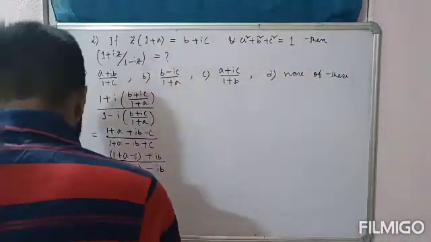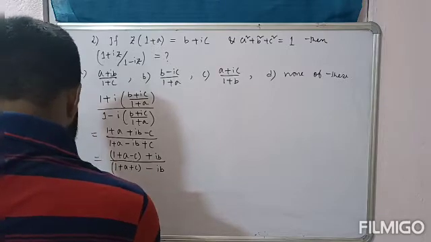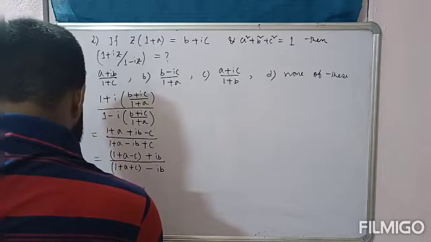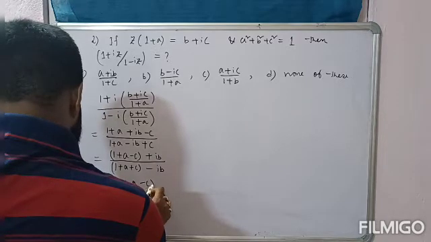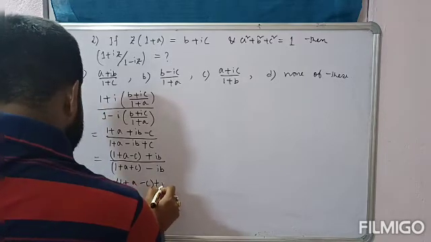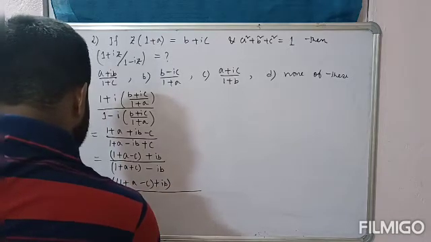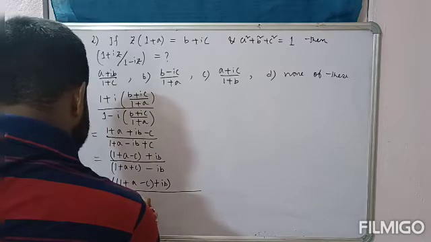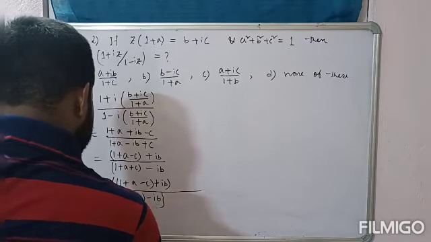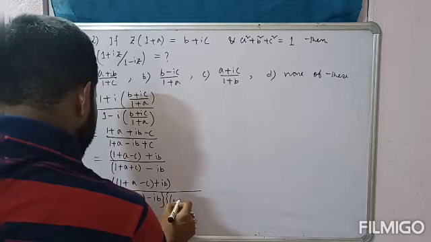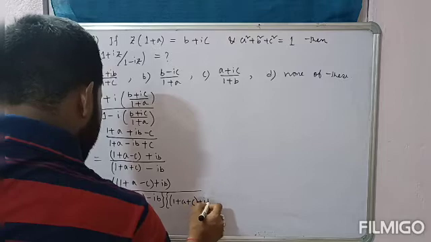So if we rationalize now by taking the conjugate of the denominator, then see what will happen. 1 plus a minus c plus ib divided by 1 plus a plus c minus ib, multiplied by 1 plus a plus c plus ib.